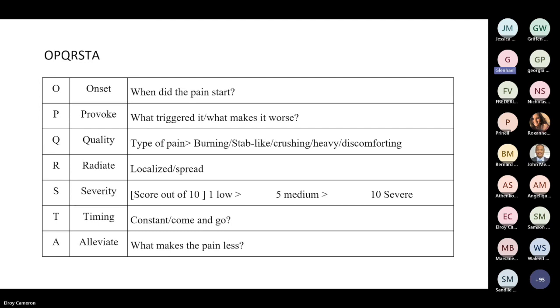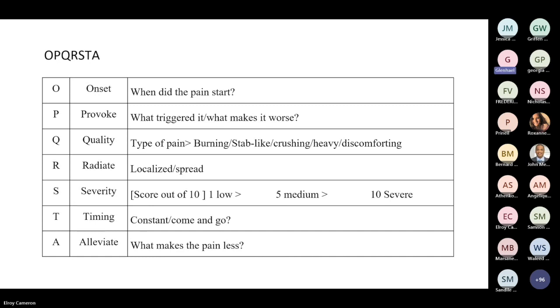I score this as a 7, and the patient next to me scores whatever the pain is 5 perhaps. This is one method of many, and I'm not saying this is the one you should be using, but I think most of us will be familiar with this pain assessment tool.